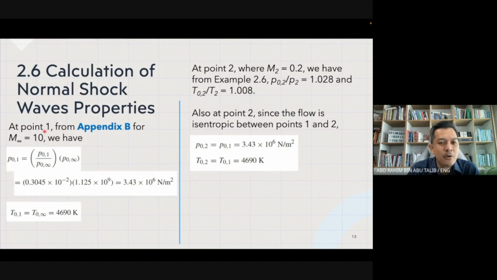So what happened at point 1 from Appendix B, where we have free stream Mach number of 10? When we look at Appendix B, the corresponding pressure ratio for the free stream Mach number, you will then get P01 to become 3.43 times 10 to the power of 6.